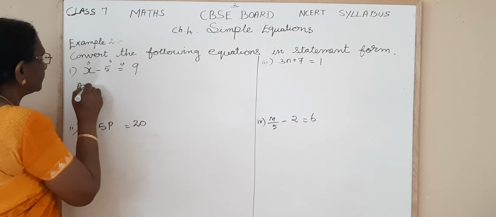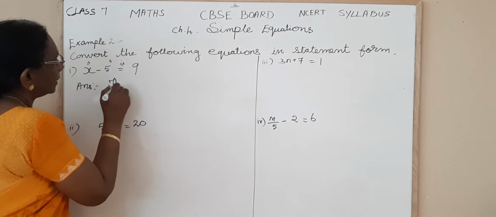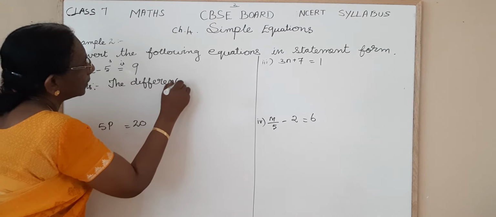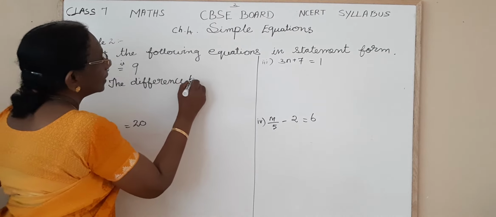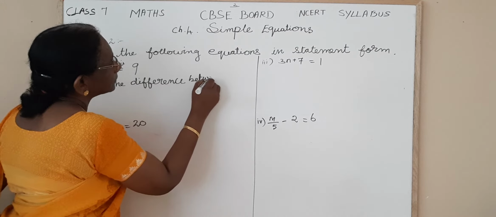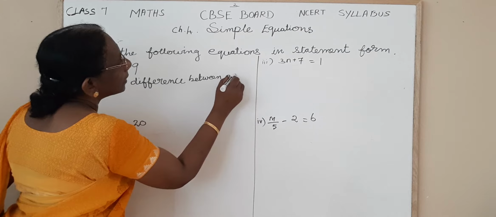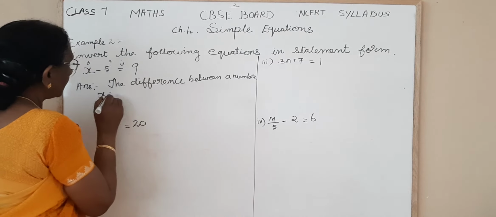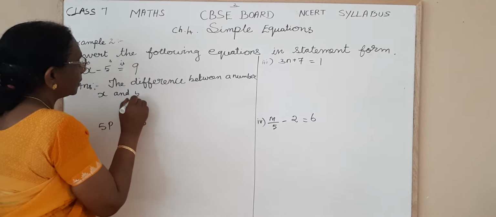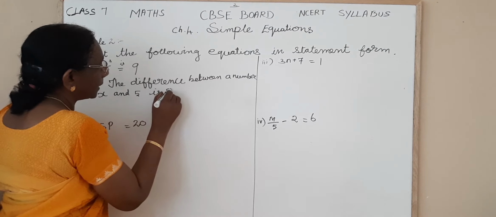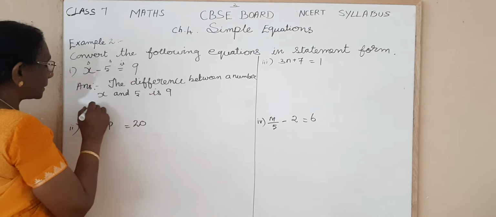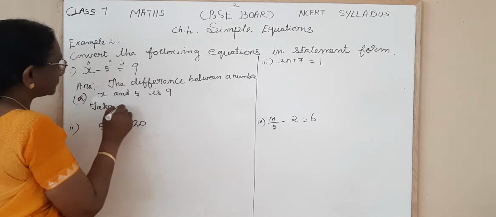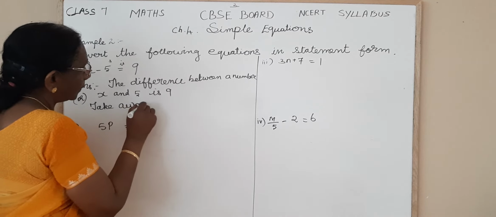So here, the difference between a number x and 5 is 9. In other words, take away. What are you taking?